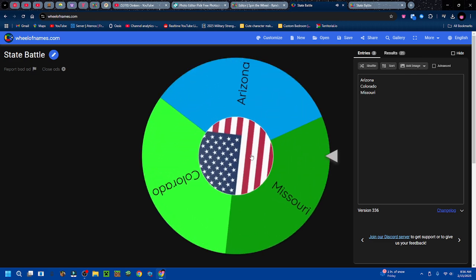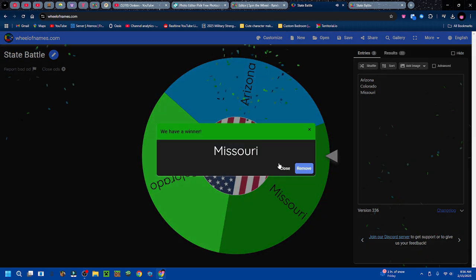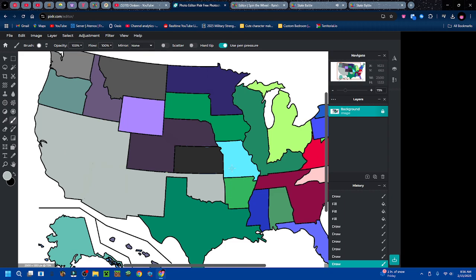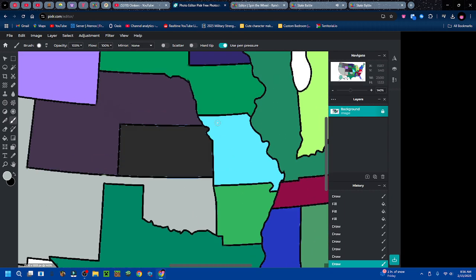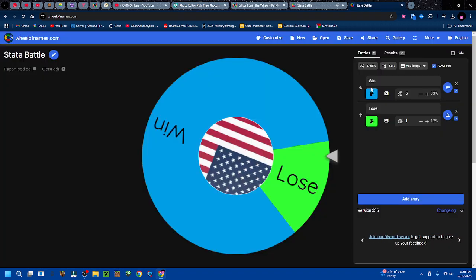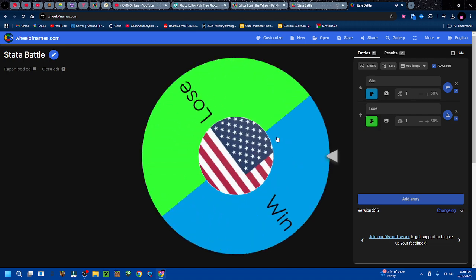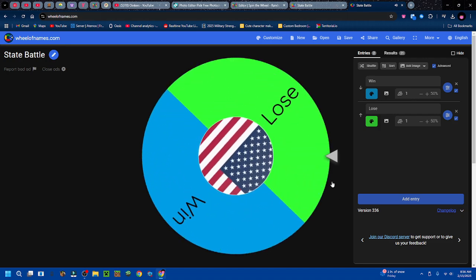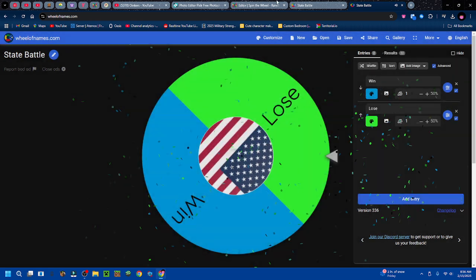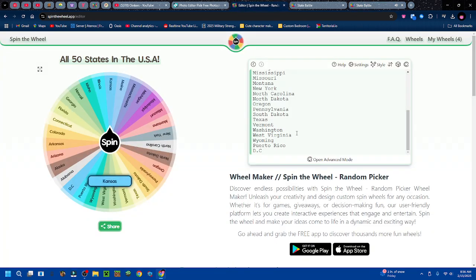But they're going to be attacking Missouri, which is up here. So they're going to be trying really hard to take on Missouri. They have equal chances, each of them. But they're going to lose to Missouri. Alright. So, sorry, Kansas. Sorry, people from Kansas, but you are now in Missouri.